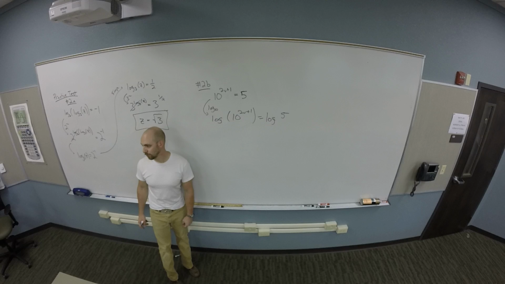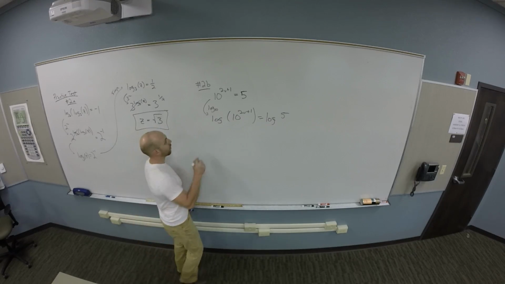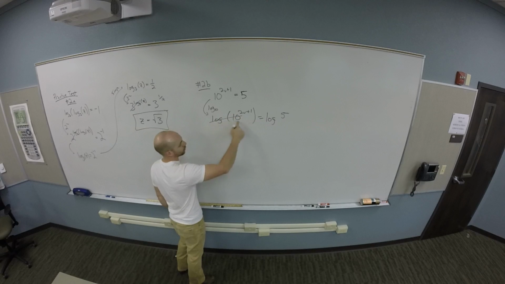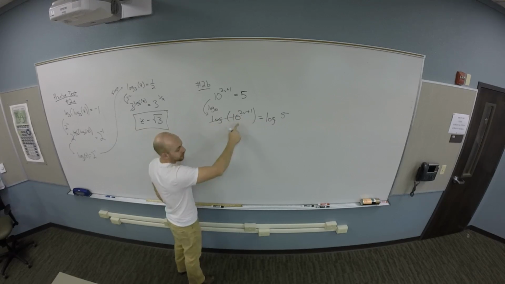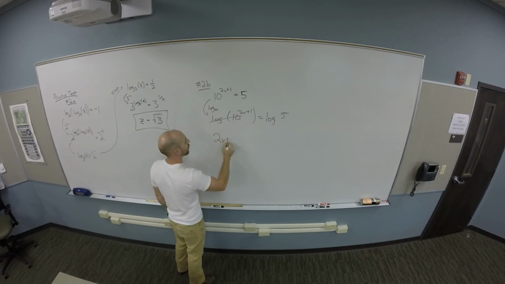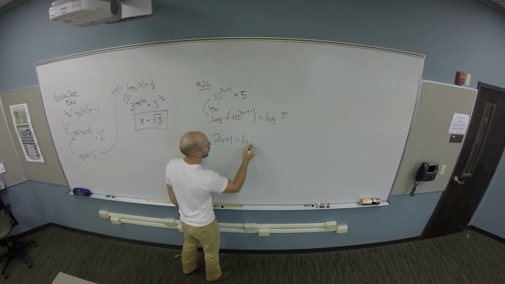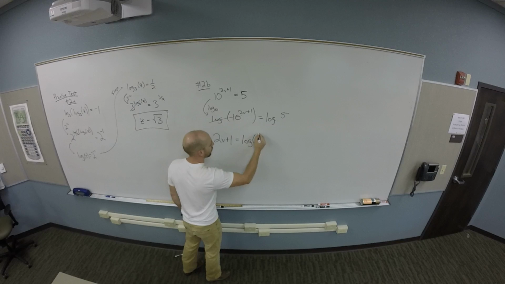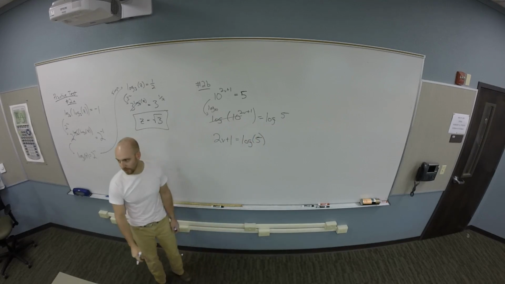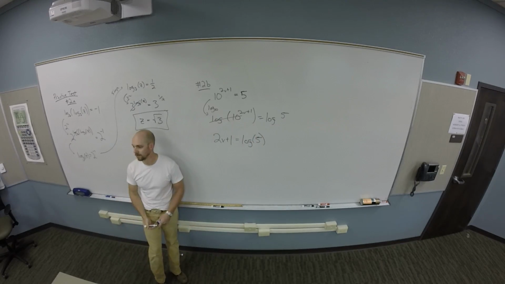Careful not to cancel both the logs; you just put those in there for a reason. So I know that this is a function and its inverse, right? So I get 2b plus 1 equals log of 5. Whatever the heck log of 5 is.